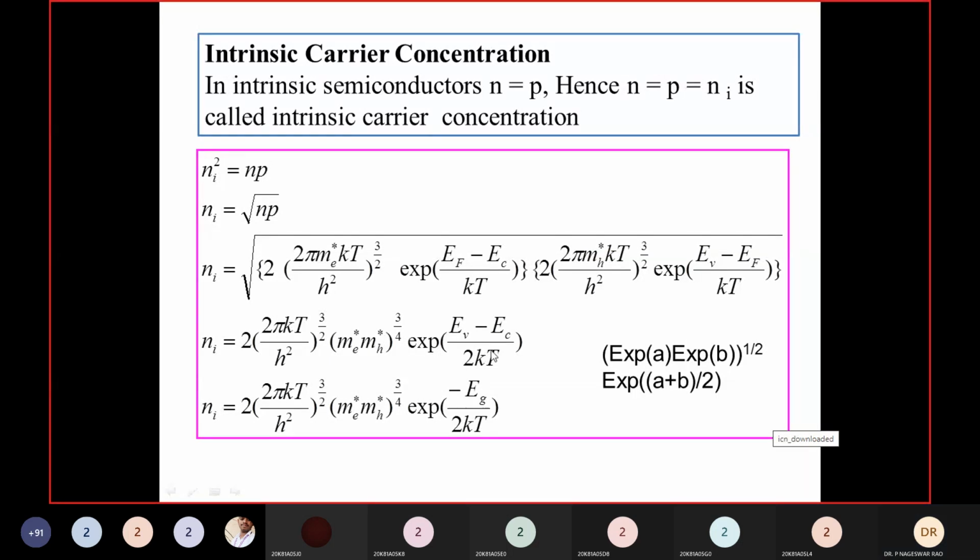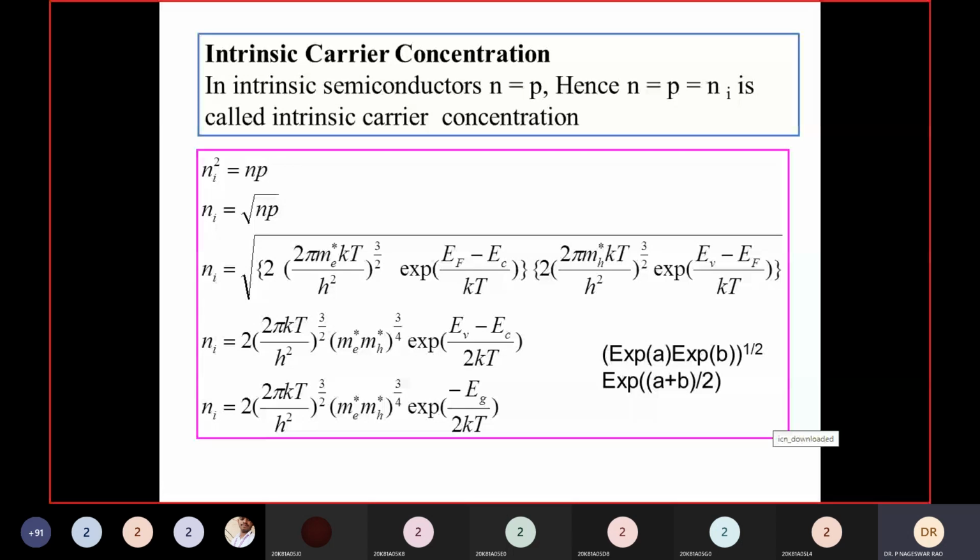Here, Ev minus Ec gives the energy value. What is that? The energy gap between the valence band and conduction band. Ev means the upper limit of the valence band, Ec means the lower limit of the conduction band.